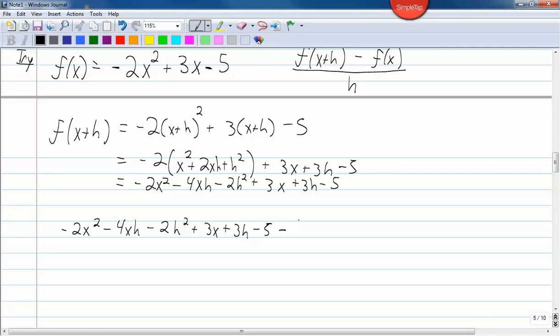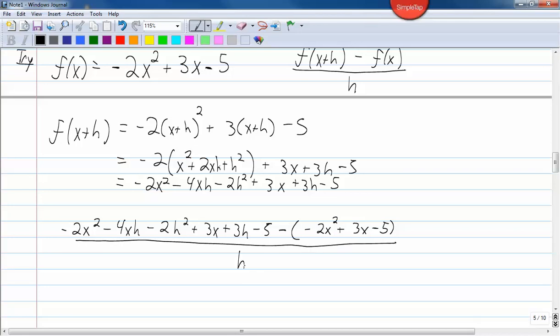So it's minus, and then in parentheses, negative 2x squared plus 3x minus 5. And that's all over h.